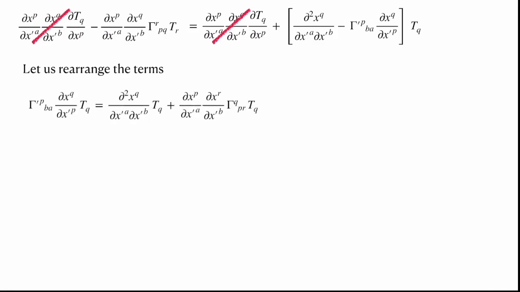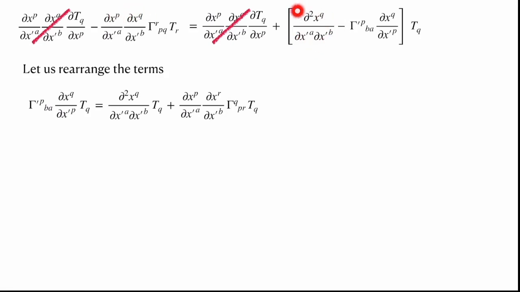Let's first rearrange this term. Let's take this term, that is basically the transformation rule, where the gamma prime is involved, which we do not know and we want to find out. And all other terms we keep. This is the original gamma, which is in our coordinate system x. So let's keep this all.